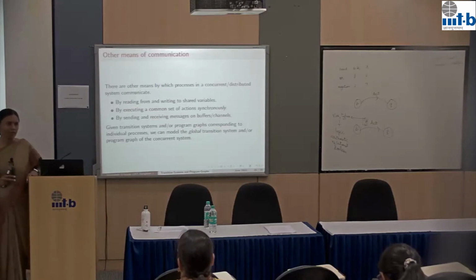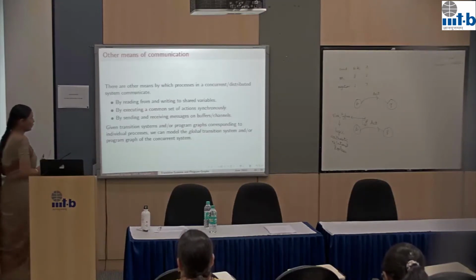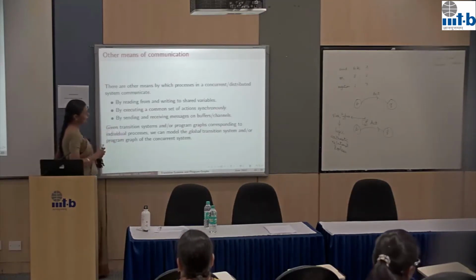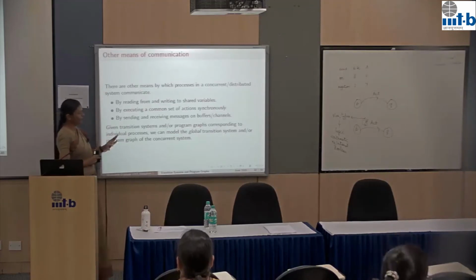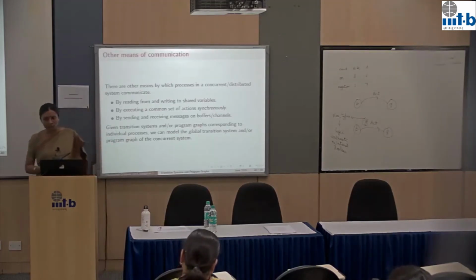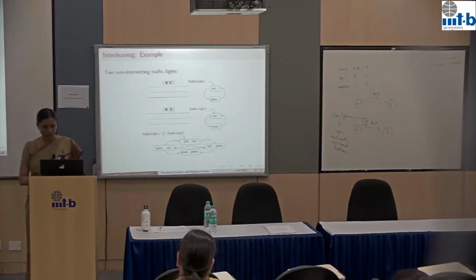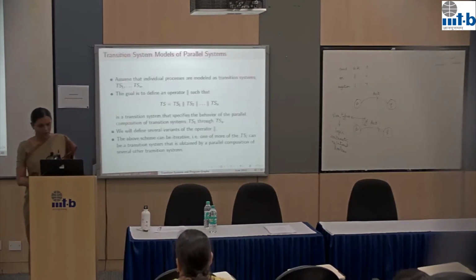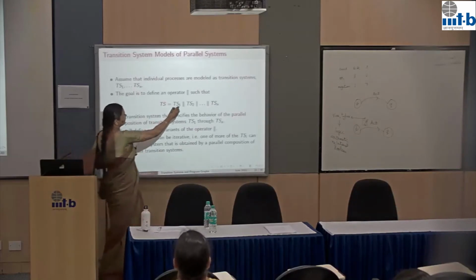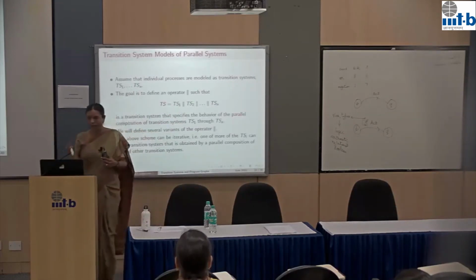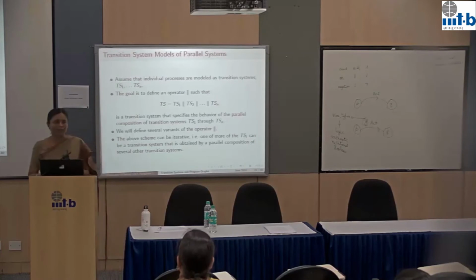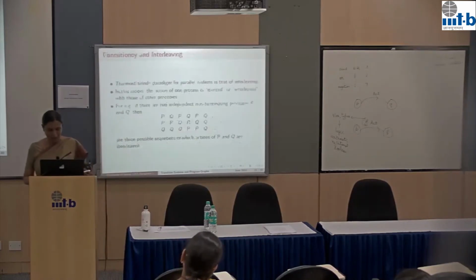If buffers are of unbounded capacity, you'll run into problems. So given transition systems and program graphs corresponding to individual processes, you can model the global transition system by defining some kind of this operation. For each of them, it will be of a different kind, and it's fairly complex to be able to do it.